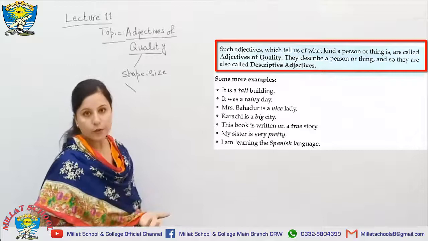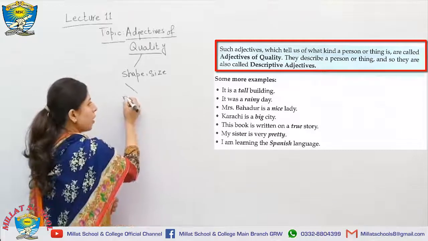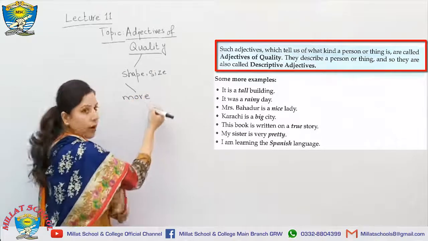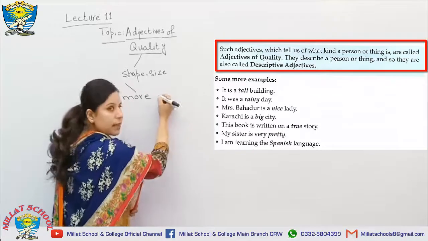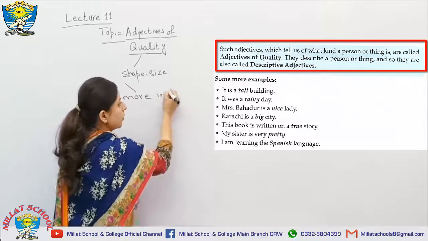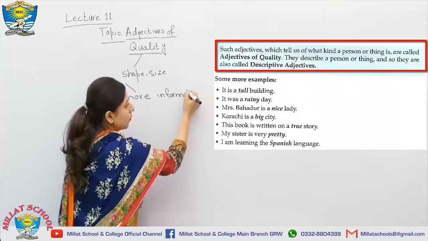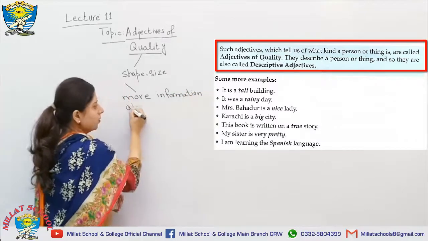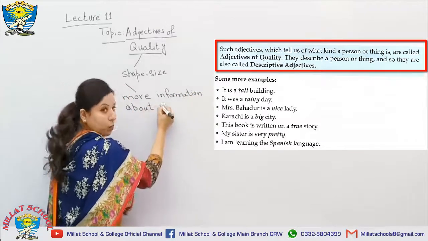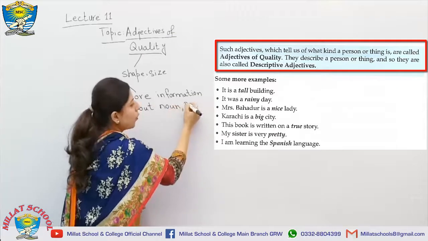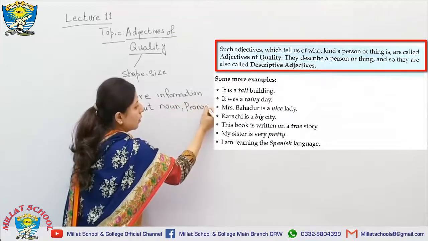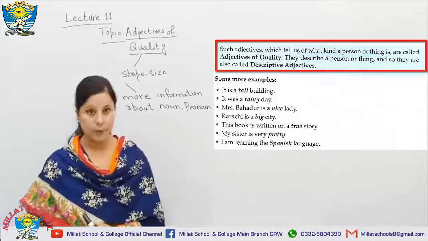That gives more information about the noun or pronoun. It means that a quality is something that tells us more information about a noun or pronoun. What would be an example of it?